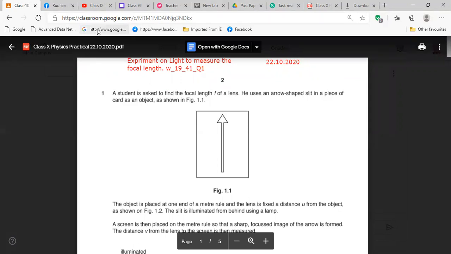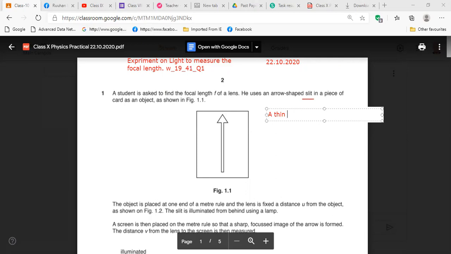If you want to write the definition of slit, you can write it. What is slit? It is especially used for light. This is the term used especially for light.